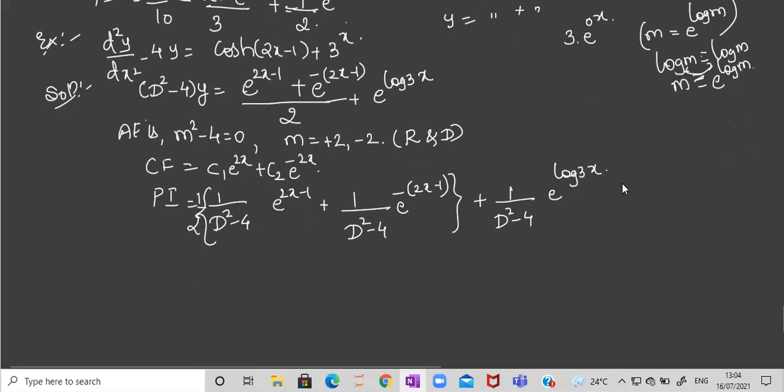Here we have to replace d by what? What is the coefficient of x? 2. Here d has to be replaced by minus 2. Coefficient of x is minus 2.